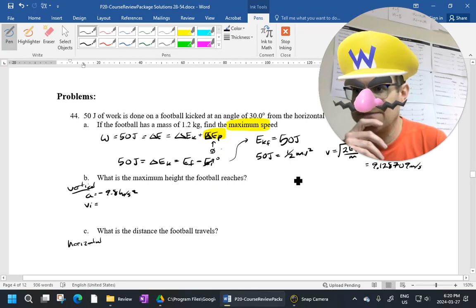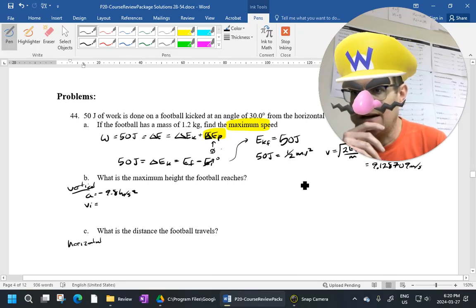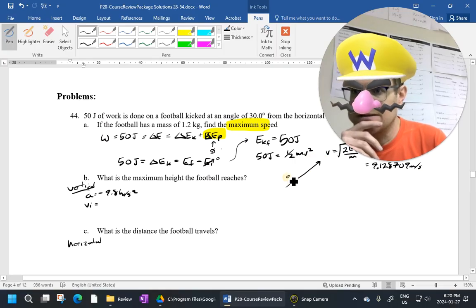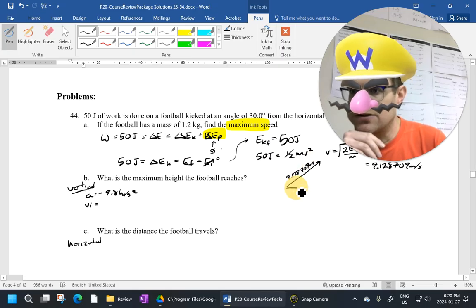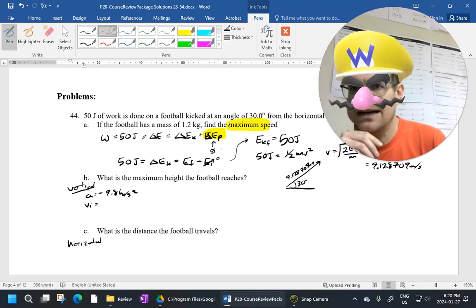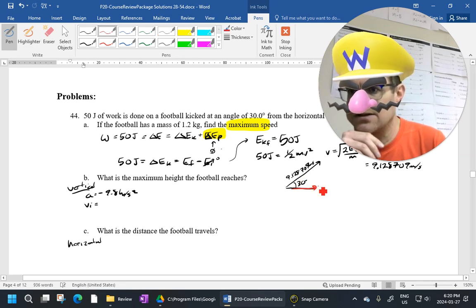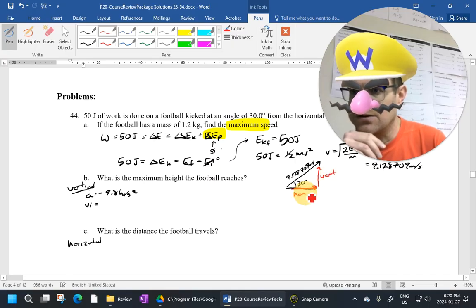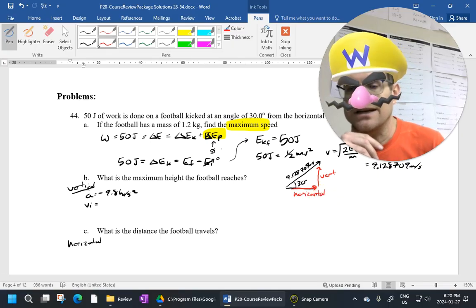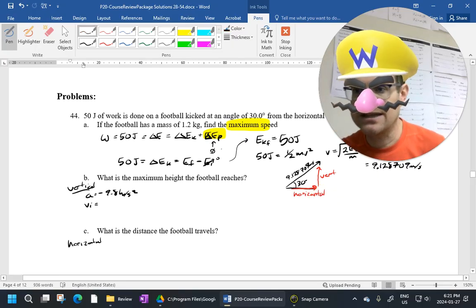So this number is being shot off at 30 degrees, right? So this right here is the hypotenuse. So I need to determine 30 degrees, right? Yeah, 30 degrees. I need to determine these two components, the vertical piece and the horizontal piece. So I need those two pieces, right? That's going to go over here.